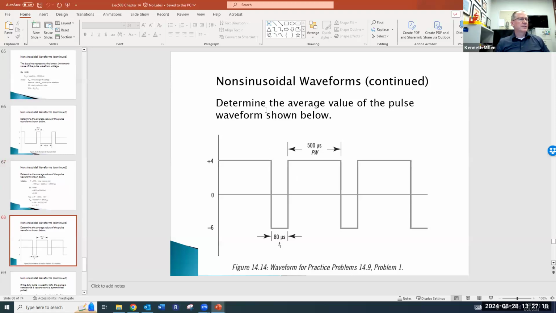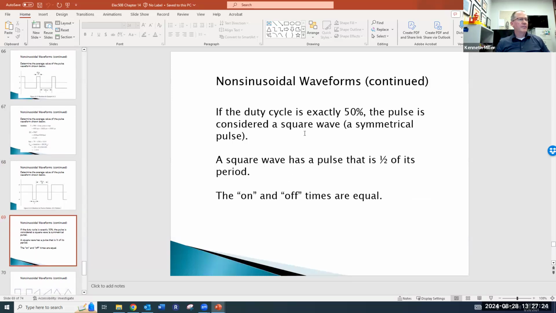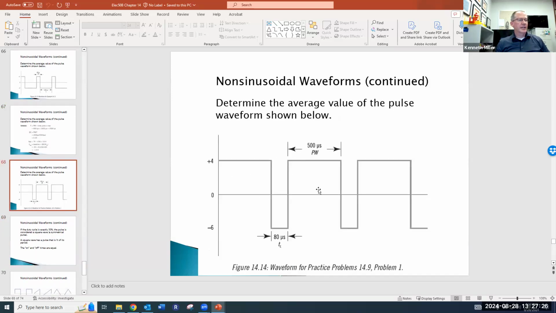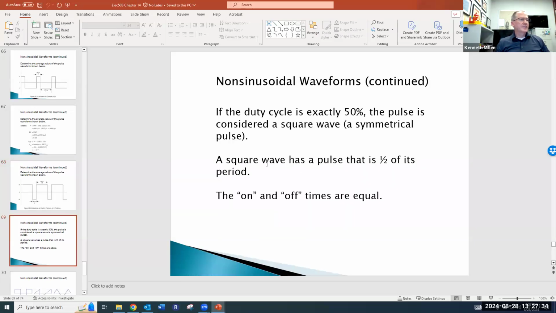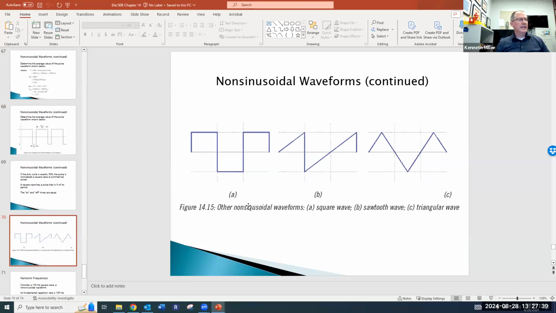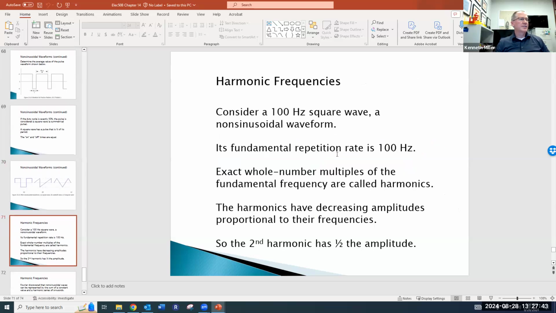All right, so determine the average value of the pulse waveform shown below. This is going to be the calculations would be there. And this is at the end of the chapter where it shows you how to do those calculations. All right. And then the rest of the chapter just has a little bit more to do with the duty cycle, non-sinusoidal, square wave, triangle, and so forth.